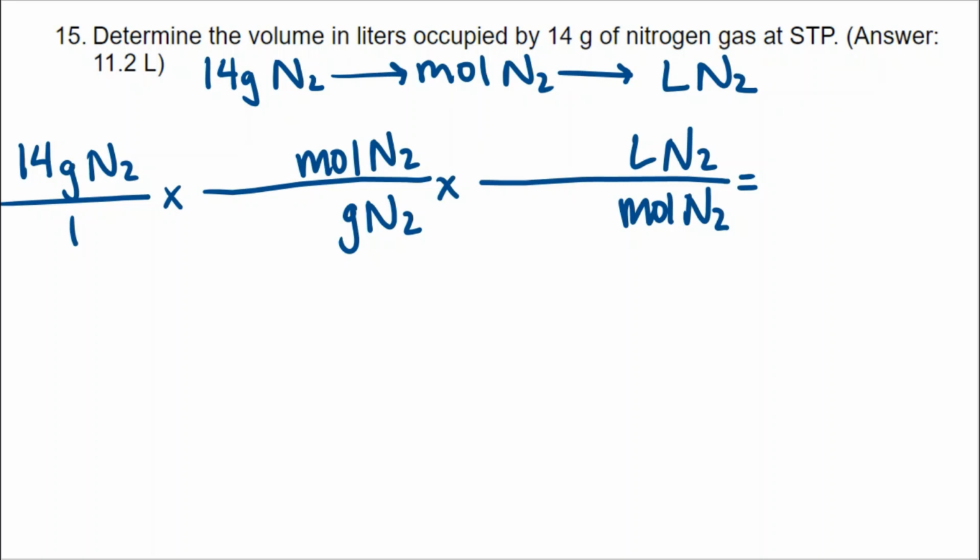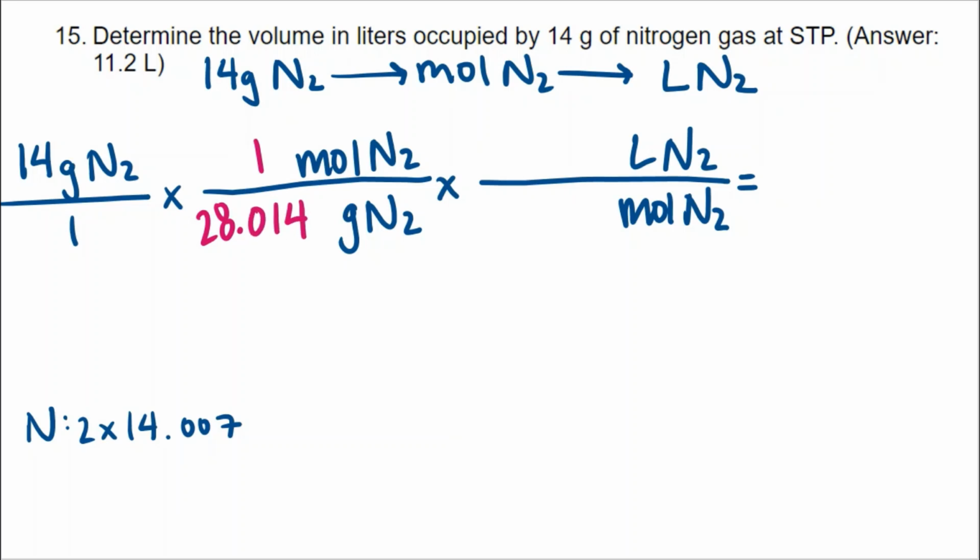So our first conversion factor here is grams and moles. So I need to figure out the molar mass of nitrogen. So that's going to be 2 times the molar mass of nitrogen, which is 14.007. So this is telling me that 1 mole of nitrogen is going to weigh 28.014 grams.